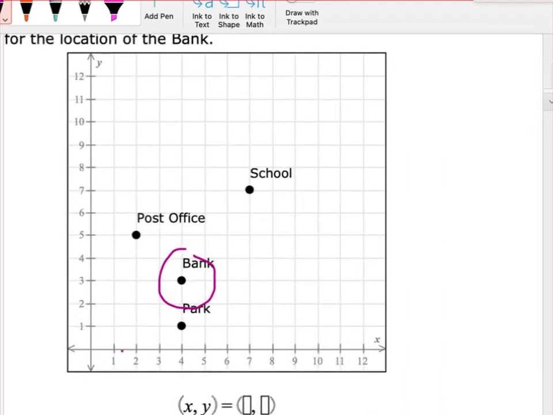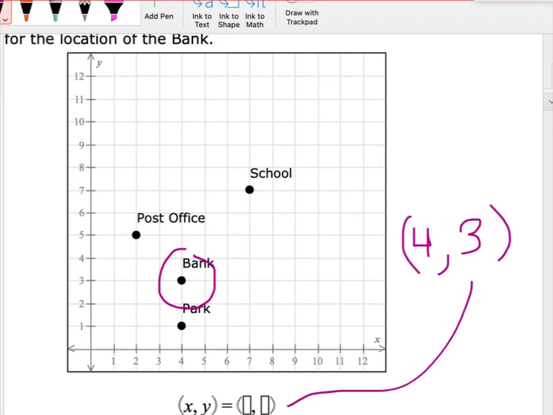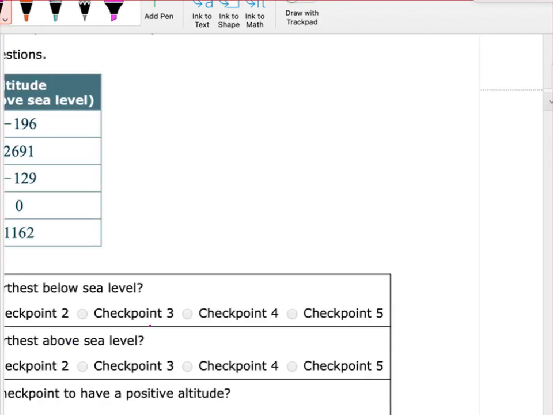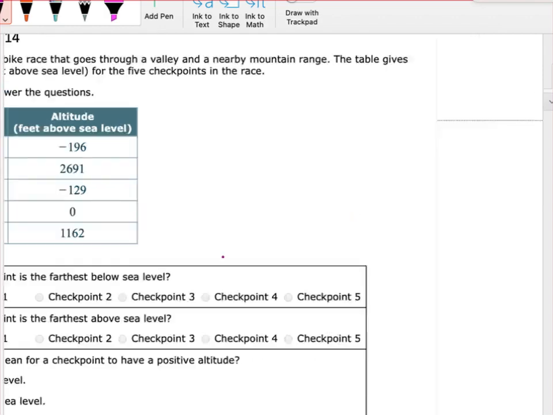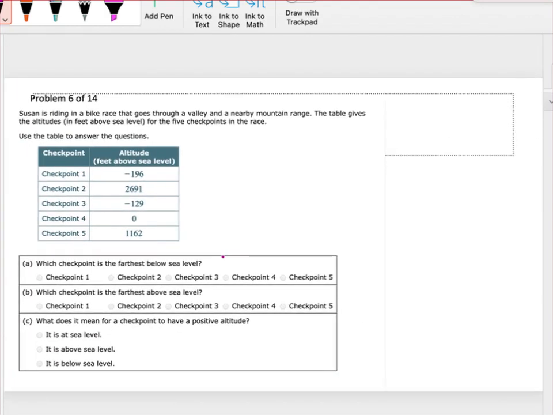It is 1, 2, 3, 4 places to the right, so that's going to be 4, comma, and then from the 0 baseline, it's 1, 2, 3 steps up. So 4, 3 would be the ordered pair that would go right in there. Okay, so now I've messed things up. I'm going to have to bring things back down again.